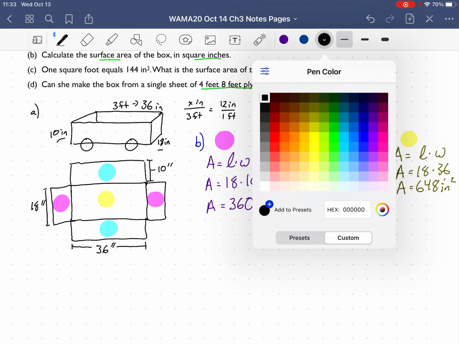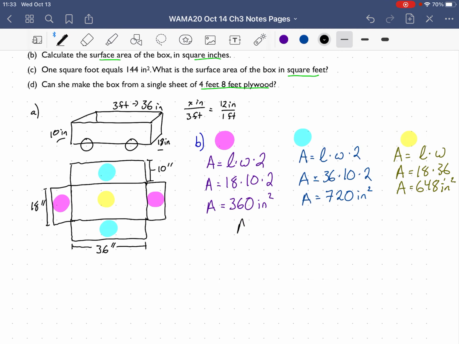So our total area in total is equal to 360 square inches plus 720 square inches plus 648 square inches.